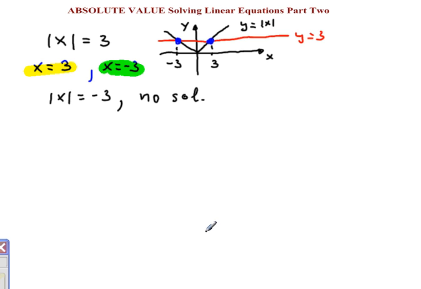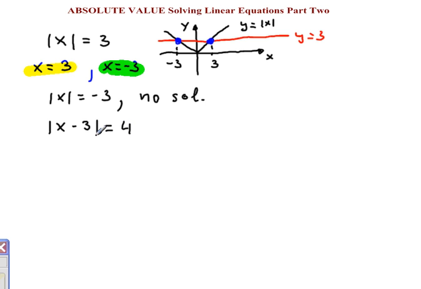Excellent. Now, we can modify this equation and create as complex an equation as we can think of, but still in the context of linear equations for now. Say absolute value of x minus 3 is equal to 4.